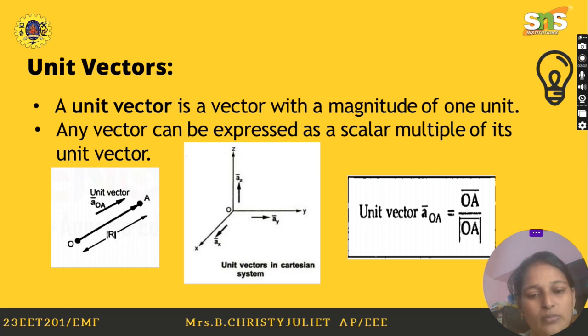Let the vector be OA, with the distance between O and A. The unit vector of that particular vector can be represented by a_OA, which is equal to OA vector divided by modulus of OA. This is the formula for unit vector, where OA vector is the vector from the point O to A, and the denominator, modulus of OA, gives the magnitude value.